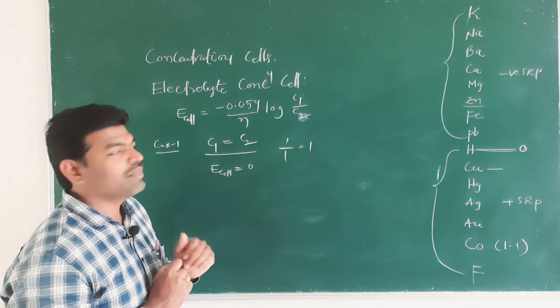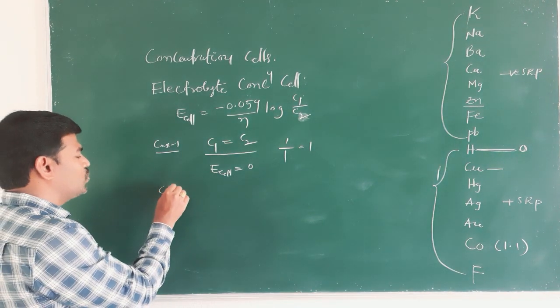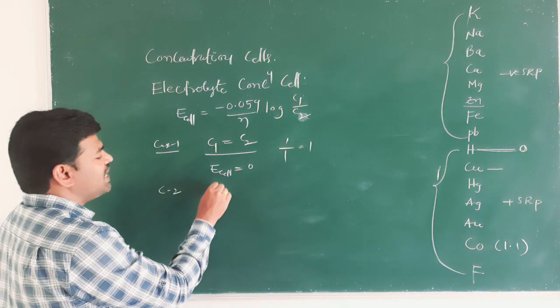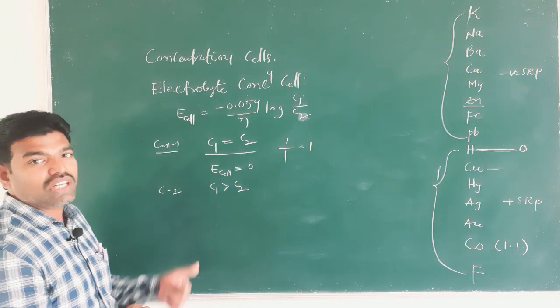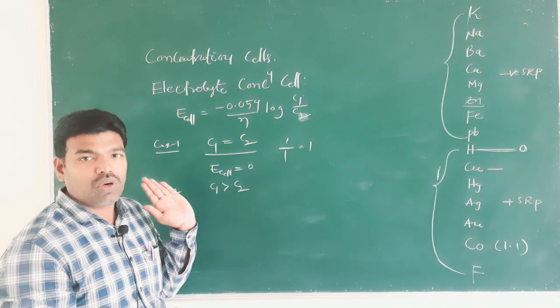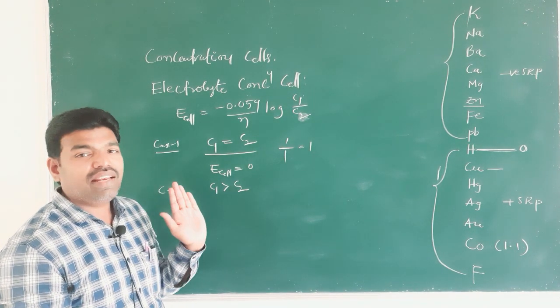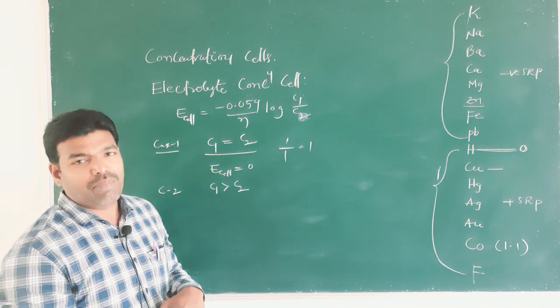Now let us consider another case, case 2, that is C1 is greater than C2. That is, the concentration of electrolyte in the anodic compartment is more than in the cathodic compartment.